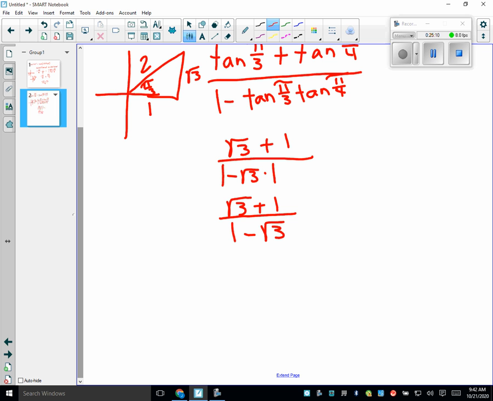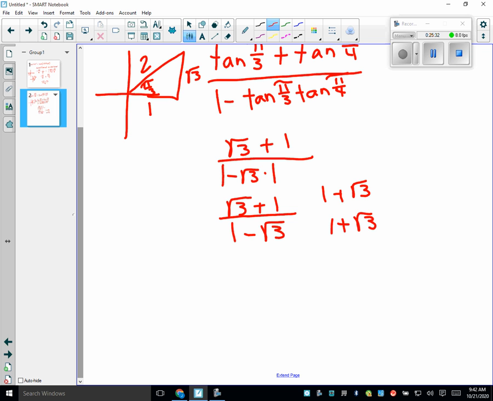You remember the term conjugate? Conjugate means the opposite sign. So I multiply top and bottom by the conjugate of the bottom, which is 1 plus radical 3.